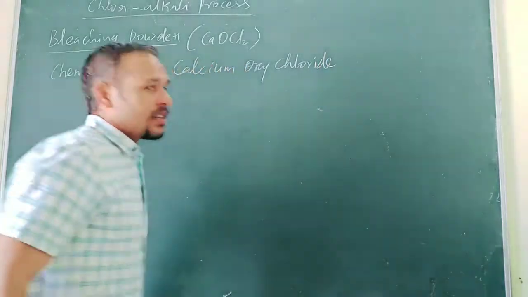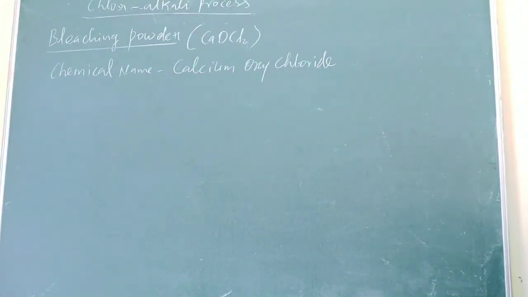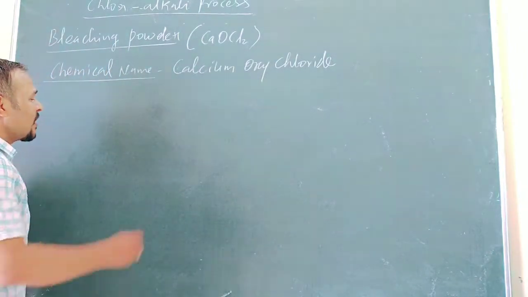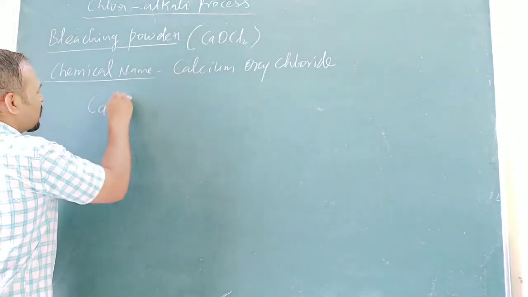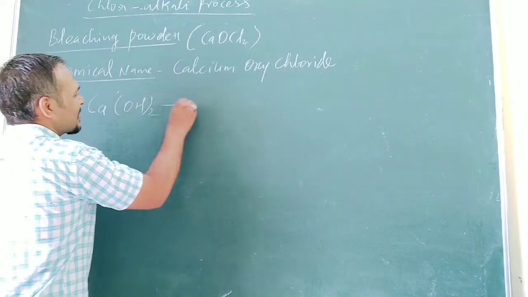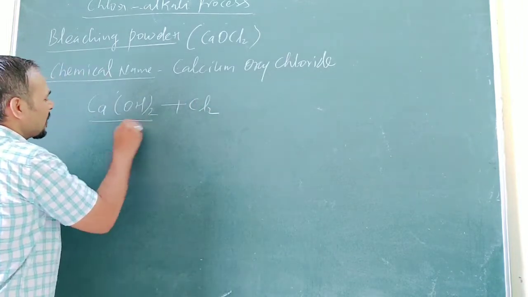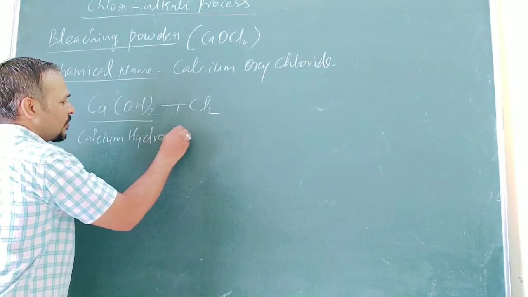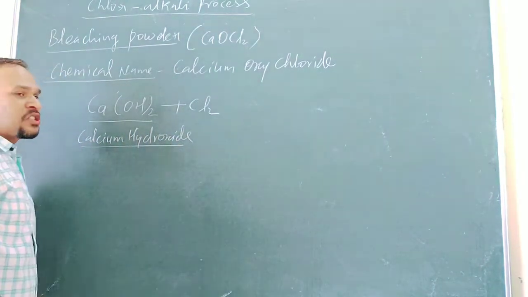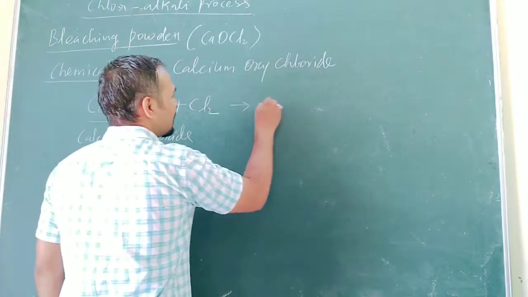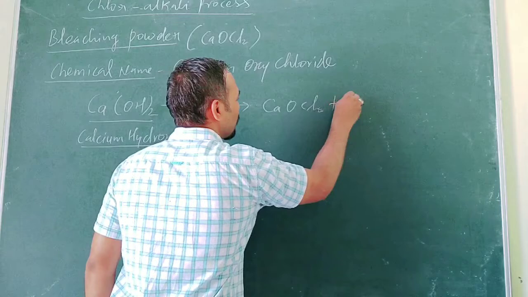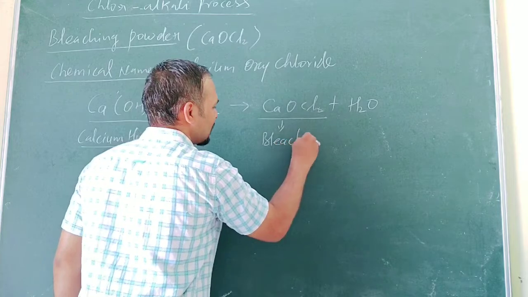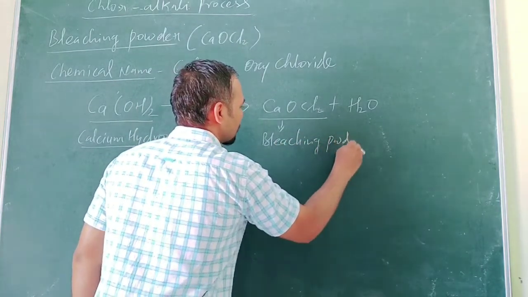How is it formed? It is produced when chlorine gas is passed through calcium hydroxide. When chlorine gas is passed through calcium hydroxide, calcium oxychloride is formed along with water. This is bleaching powder.